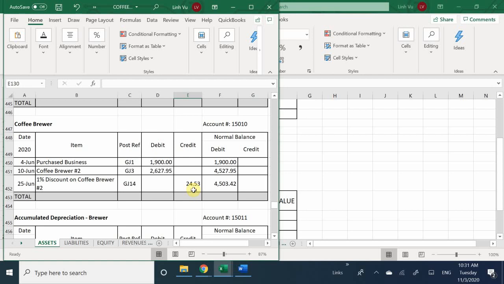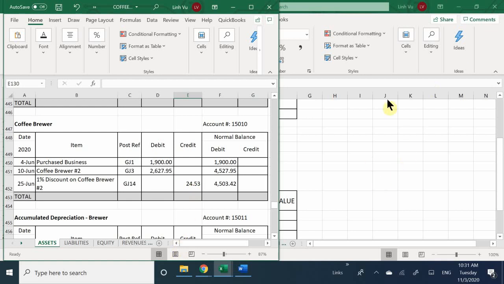If you received a discount on it, that applies to your original cost because it's telling you now that what you actually purchased it for is worth less. So that's $2,603.42.